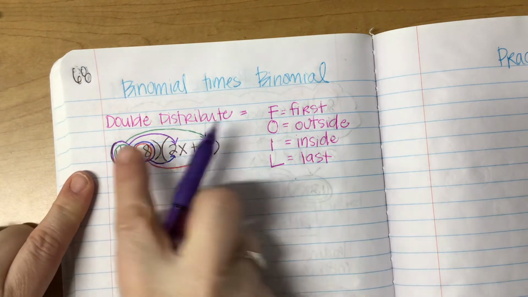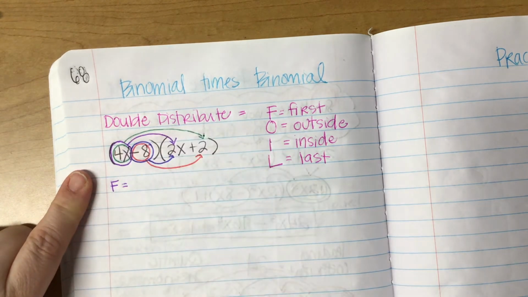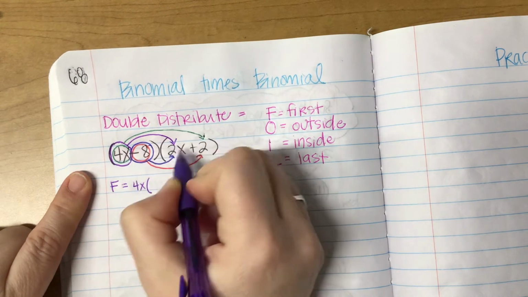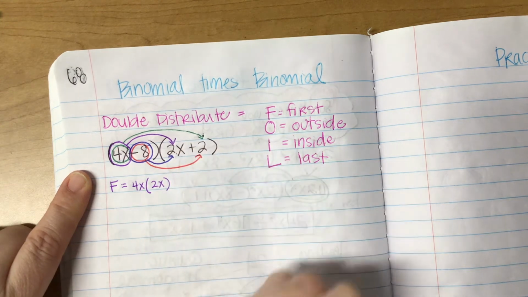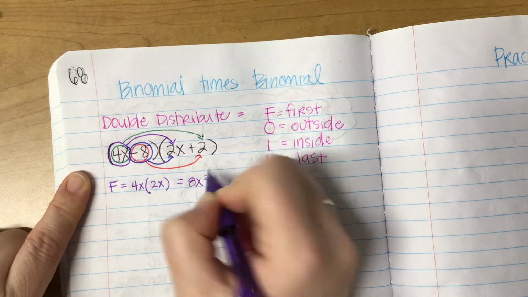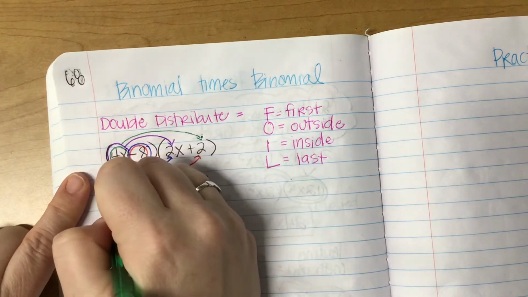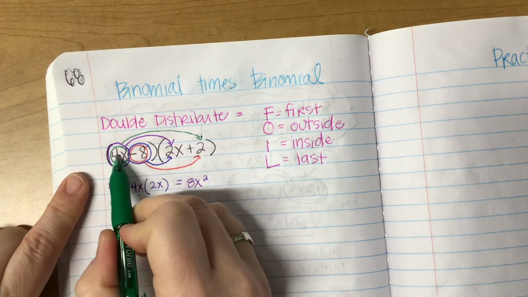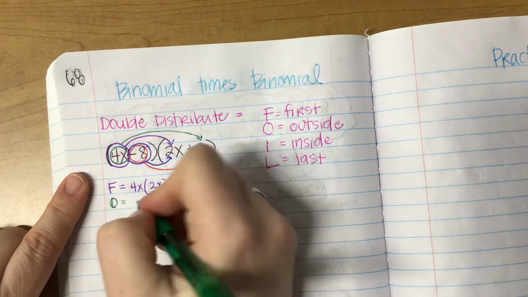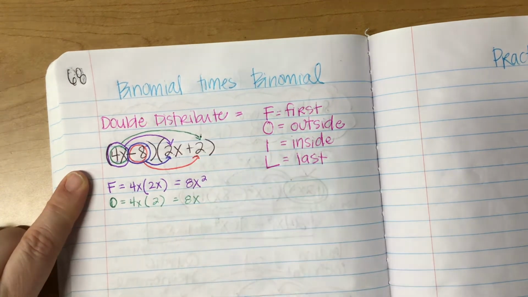And so if I work that out over here, when we're starting to do this, I put F. And my F is 4x times 2x, the first term times the first term. 4x times 2x is 8x squared. Then I go to the outside, first term times the other outside term. 4x times 2 equals 8x.